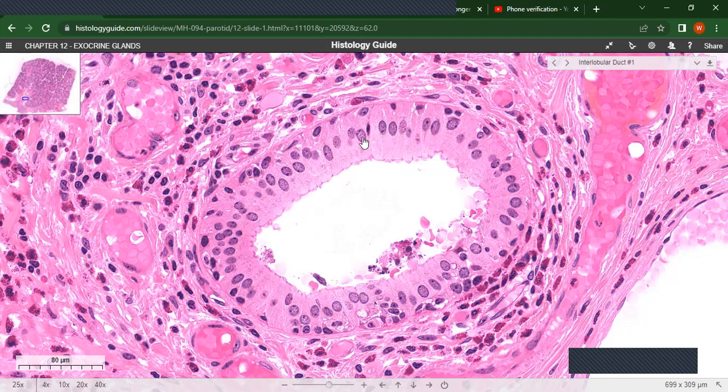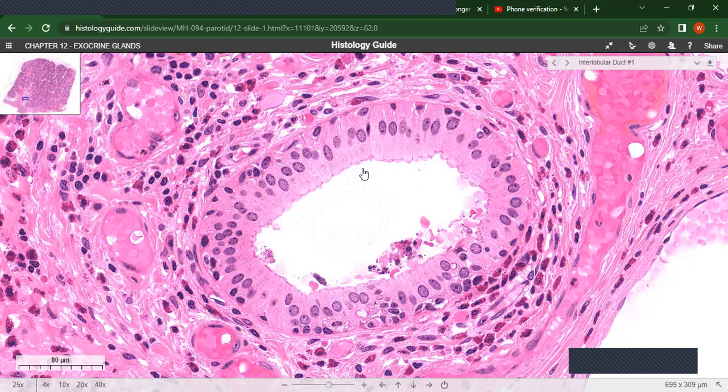From the shape of the nuclei here, this is a stratified columnar epithelium. This is where several straight ducts drain into. You can see there is connective tissue. They are usually supported by a thick layer of connective tissue, and they are found outside the lobules. That is why they are known as extralobular ducts.